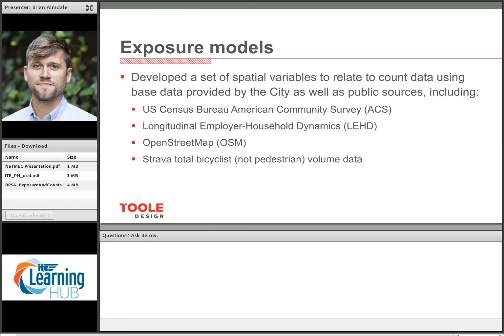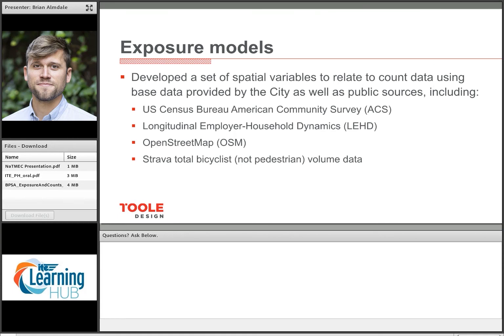We then developed a set of spatial variables to relate to the count data using data provided by the City of Seattle and their very rich open data portal, and from other data sources such as census data, longitudinal employer household dynamics, which is employment numbers by sector, OpenStreetMap, and Strava.